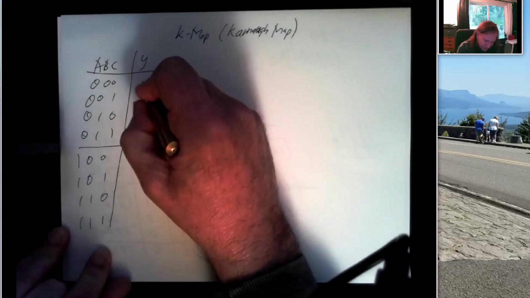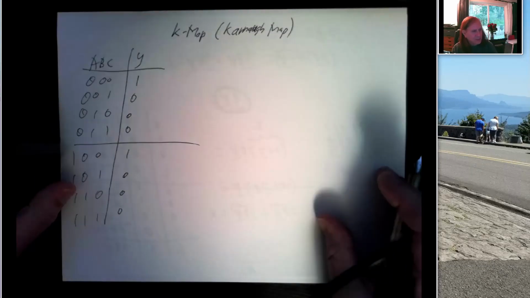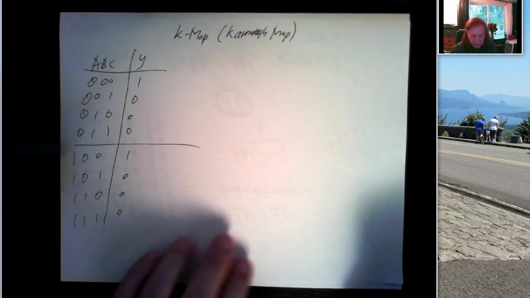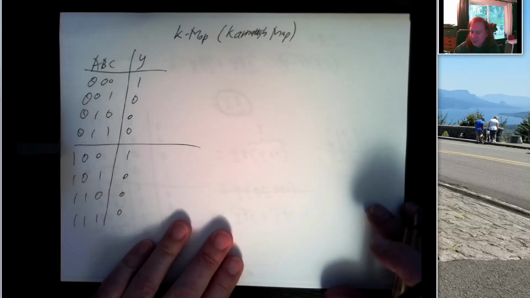So the way we do this, let me start with one of these truth tables over here. Suppose we have ABC, and let's look at our variable y. To do a K-map, we begin with the truth table, and we look at how many rows we have, and we draw a rectangular shape.